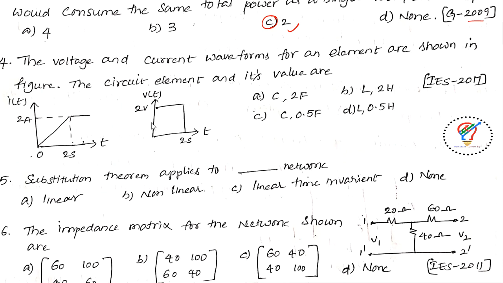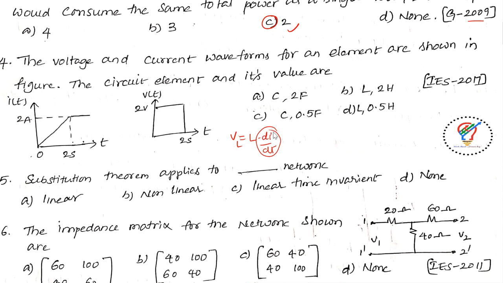The simple question is we need to find the element. See here, in the element the current increases linearly while voltage remains the same. So voltage V is equal to L into di by dt. The rate of change of current is present in voltage in which element? VL is L into di by dt, so from this you can find the type of element.